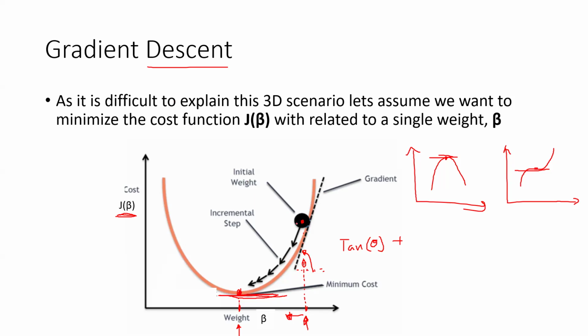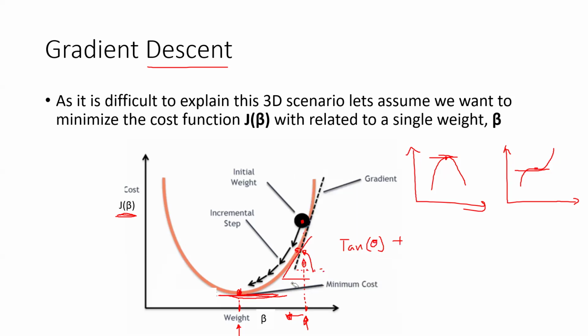So these are the initial values, and in the first iteration we move from here to here. A small change we have taken for the values of beta, and now we are at this point. In the next iteration, we draw another tangent and find the angle is still positive.